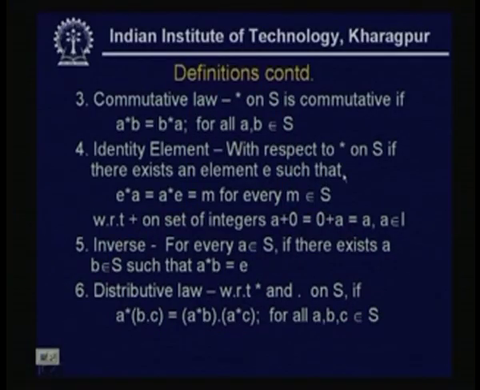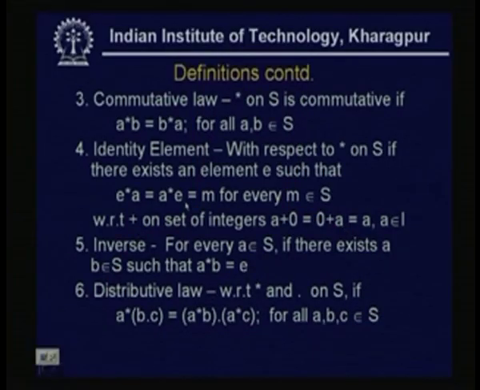Again we are taking that same operator star on S. Now, if there exists an element E such that E star A equals A star E equals A, that means the operator is taking two operands, the E first and then the one element A, and A first and then the same element E, and the results are the same, equal to A for every A belongs to S. That means the result is again one element in the same set S. Then we are calling that with respect to the operator star, E is the identity element of the set S.